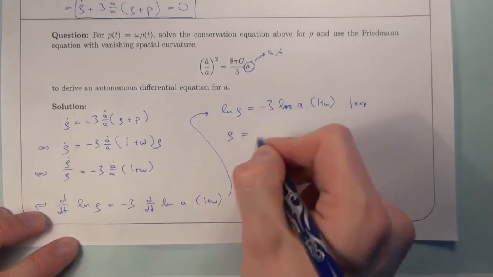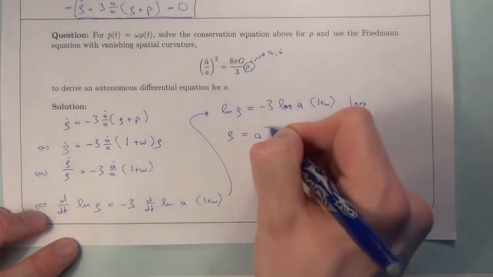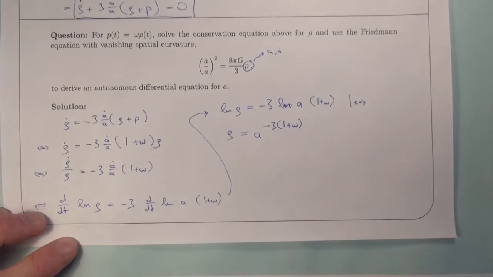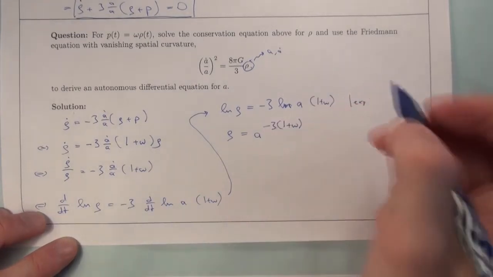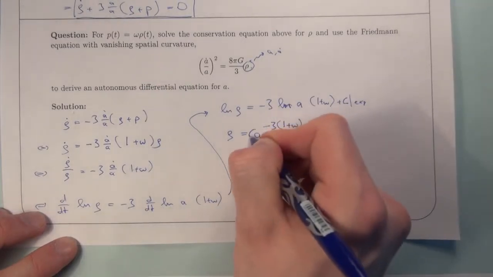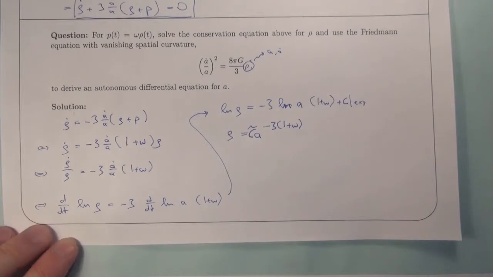That means what we have is A to the minus 3 times 1 plus omega, and we suppress the constant, or we could introduce it as well. So here plus c, and then this is some c tilde in front of here. That's right.